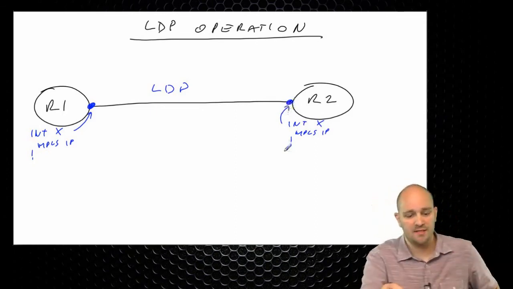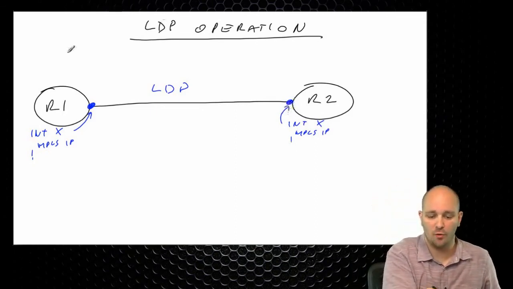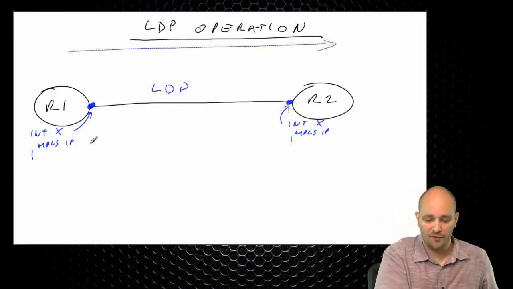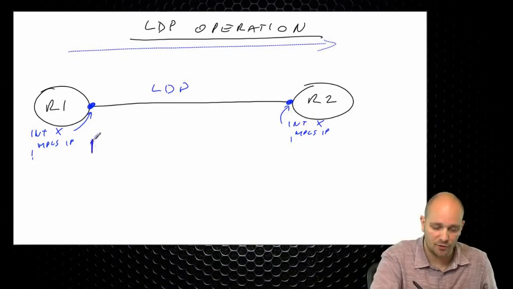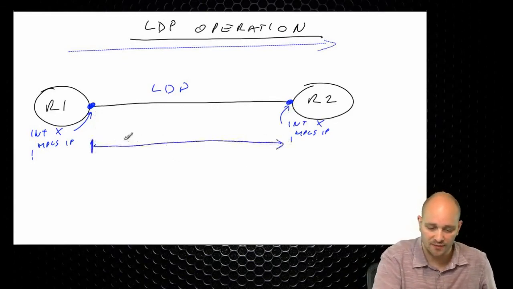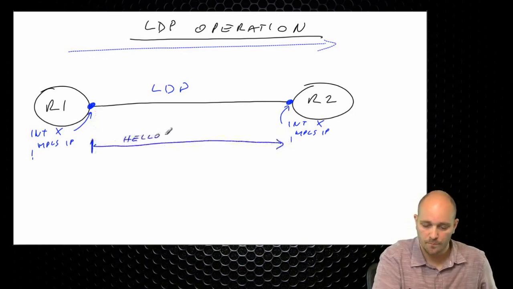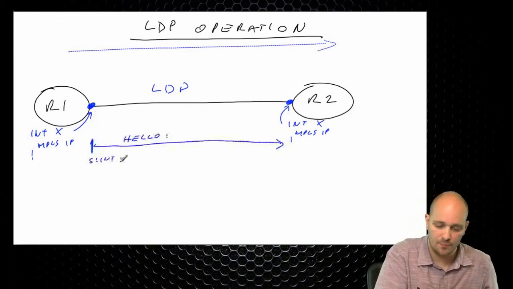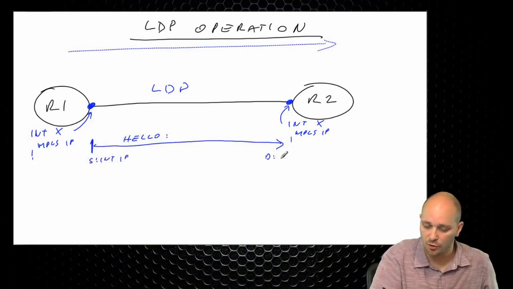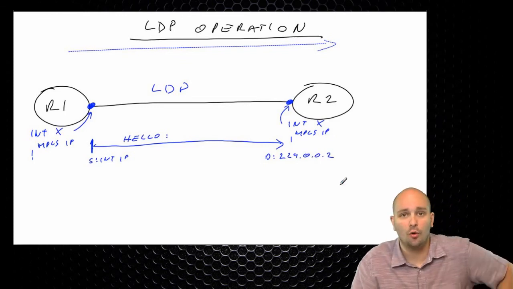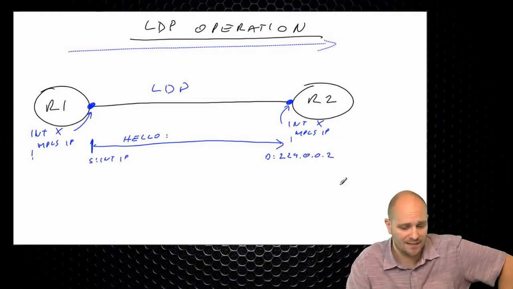So when LDP starts working, let's observe what happens in this direction here. The first thing that happens is that from an interface address, a hello is sent. The source is going to be the interface IP, and the destination is going to be 224.0.0.2, the all routers multicast address.